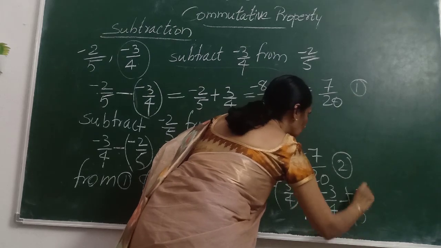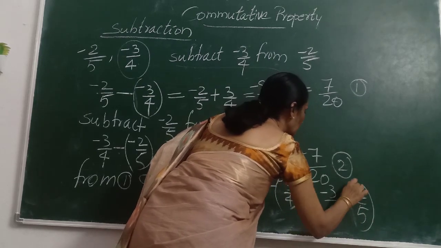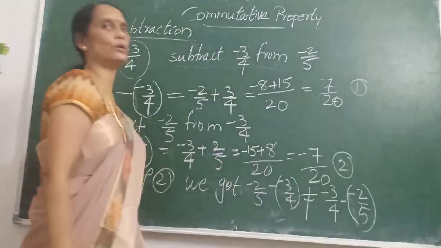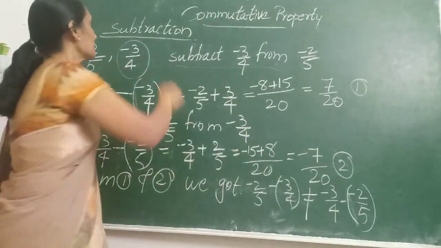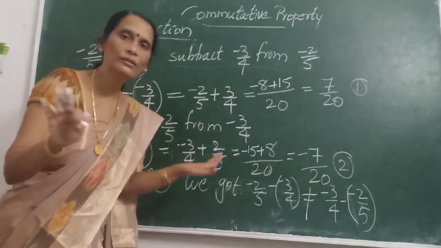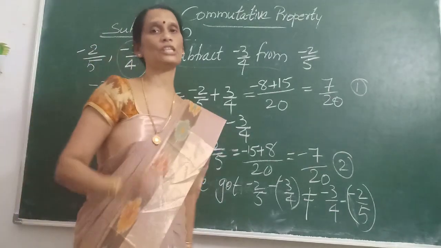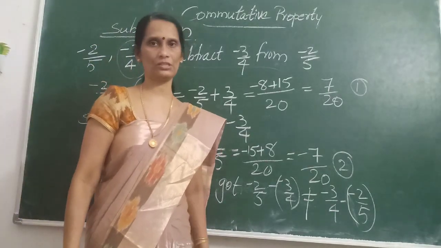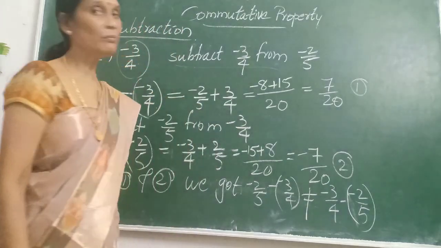Is it equal in both? Not equal. So since not equal, we can say that subtraction is not commutative for the set of rational numbers. Okay, now let us see for multiplication.